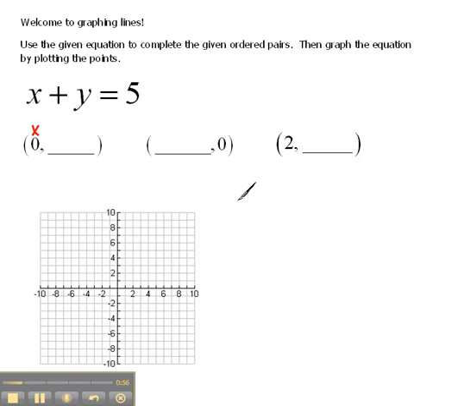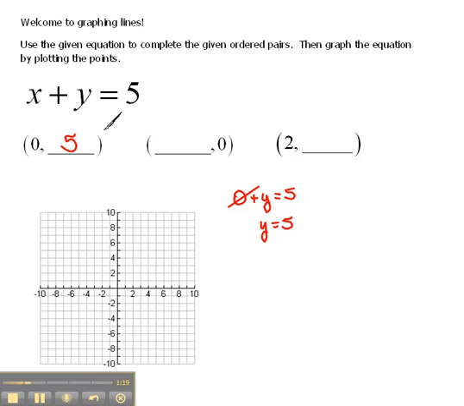So I'm going to plug in a 0 in place of x, and we're going to find out what y has to be. So 0 plus y equals 5. Well, 0 doesn't matter, so that just says y equals 5. When x is 0, y has to be 5 in order to make this a true statement.